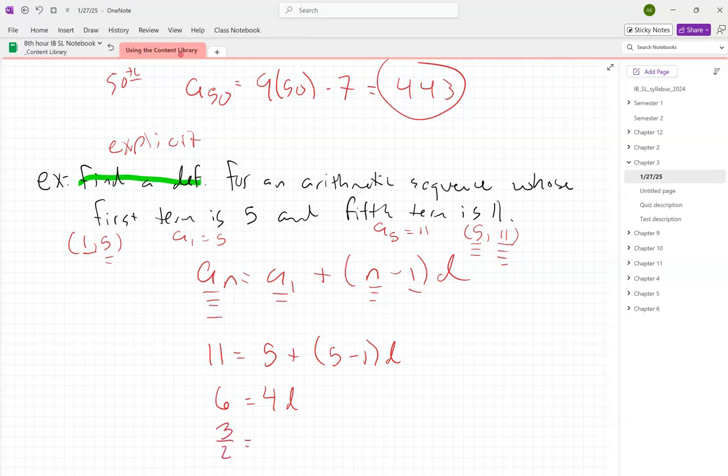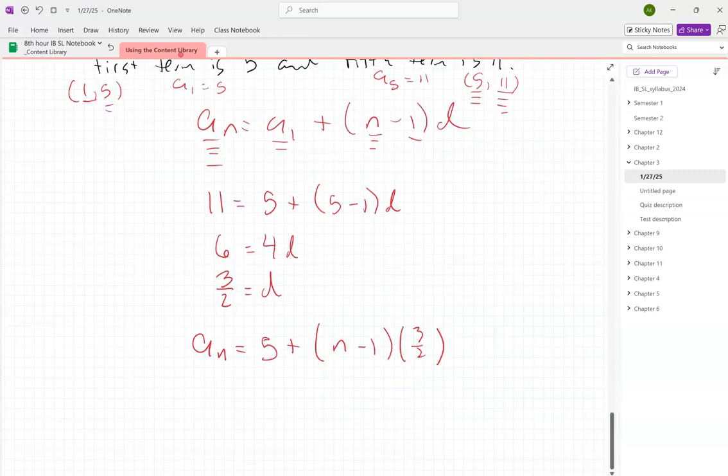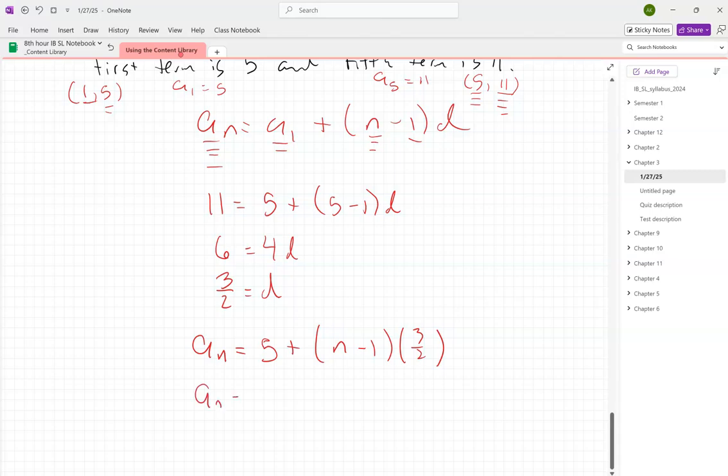Divide by 4, and I get reduced 3 over 2 for d. So this is that guy, or if I distribute things through, is 7 over 2.